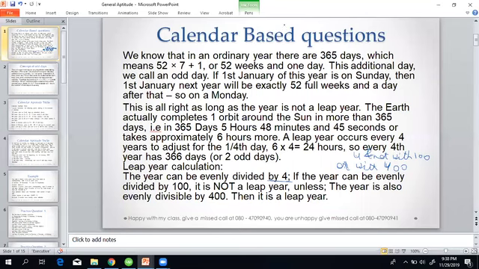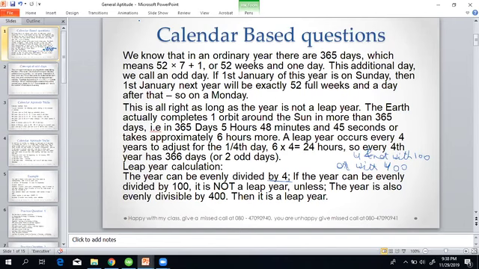So in this way we can find which one is a leap year. For example, is 1800 a leap year or not? 1800 is divisible by 100, so it has to be divisible by 400, not just 4.